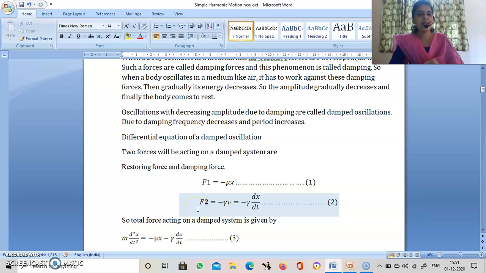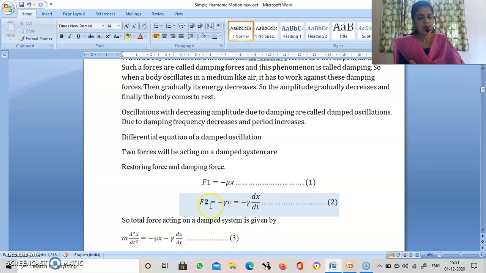Now the second force acting on a damped harmonic oscillator is the damping force. Damping force F2 is directly proportional to the velocity of the particle. So F2 is equal to minus gamma V, where gamma is a constant called the damping constant.